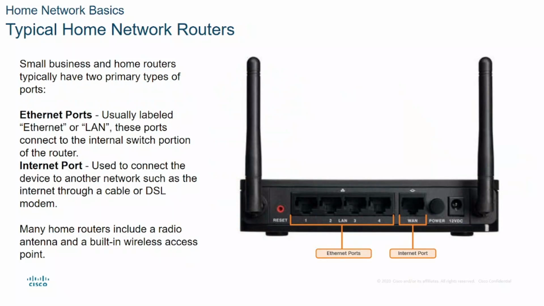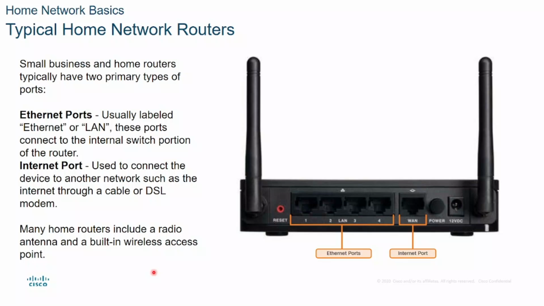So this is an example of a home router. If you're not getting what a home router is, when you buy an MTN 5G smart box, that's an example of a home router. Small business and home routers typically have two primary types of ports.